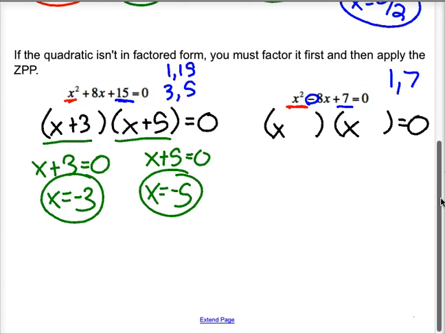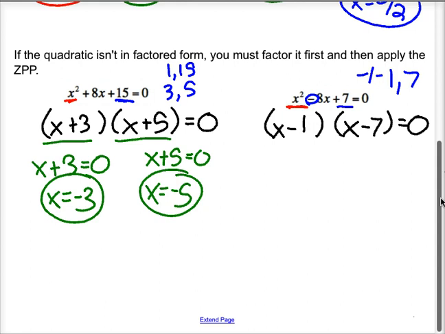So what's the only way you can add to be negative but multiply to be positive? Well, the only way that that's possible is if both are actually negative. So we're not talking about 1 and 7. We're talking about -1 and -7, which if you look, do add to give you a -8. So this does actually end up working out.